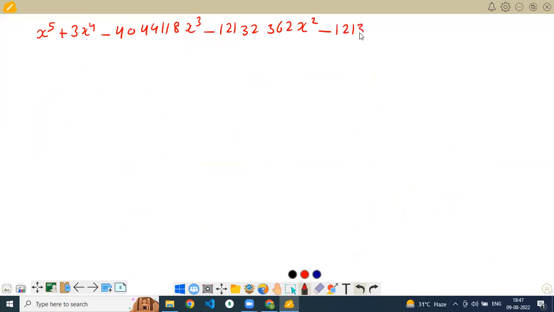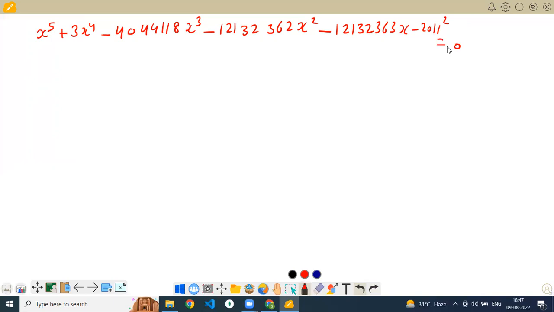What you have to do is, if I see your PDF file, I have this question: x to the power 5 plus 3x power 4 minus 404411 x cube minus 12132 x square minus 1213263x minus 2011 square is equal to 0.